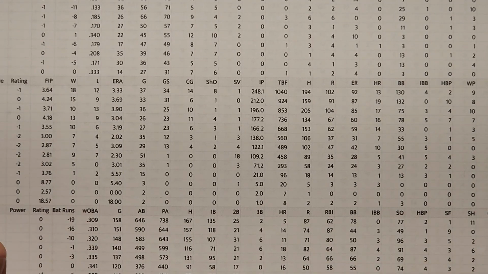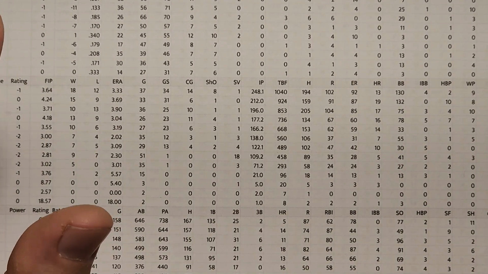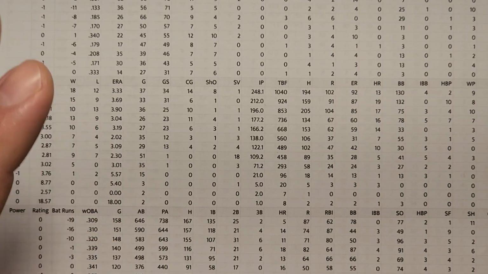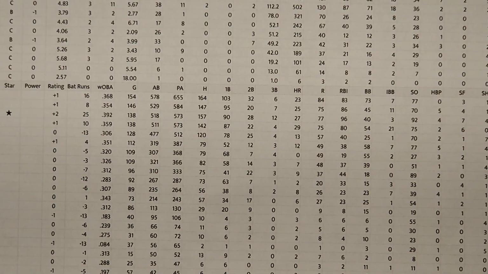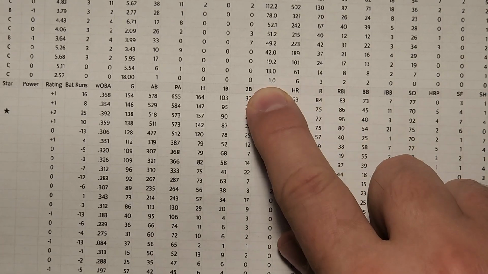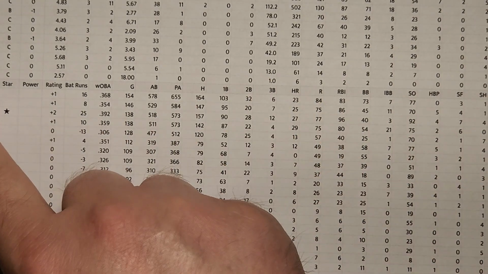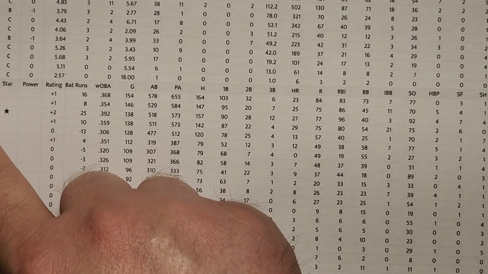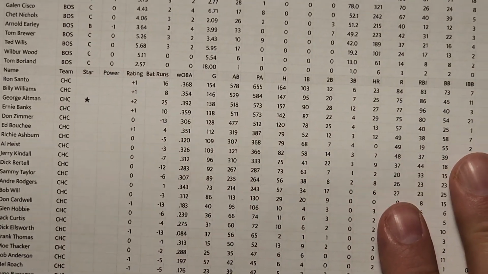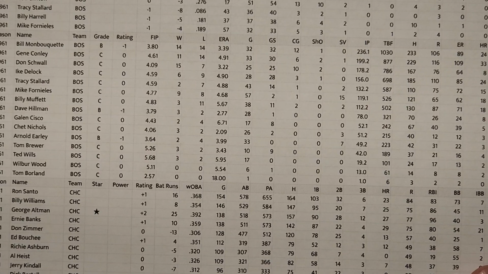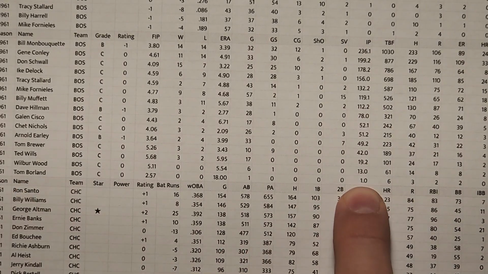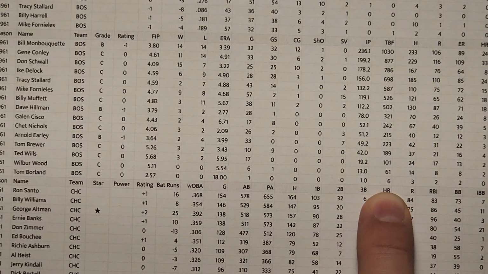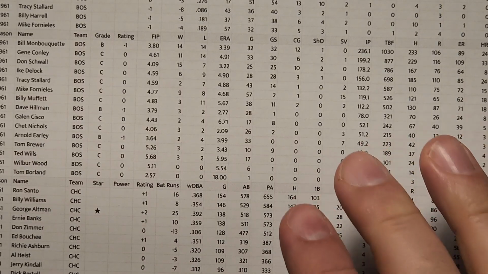And I did not put any sort of filters on pitchers, so any pitcher that got into a game is in this game. Let's see. Yeah, one inning, six batters. That's Tom Borland. He's here. He got into one game, he faced six batters, and he's in this game.